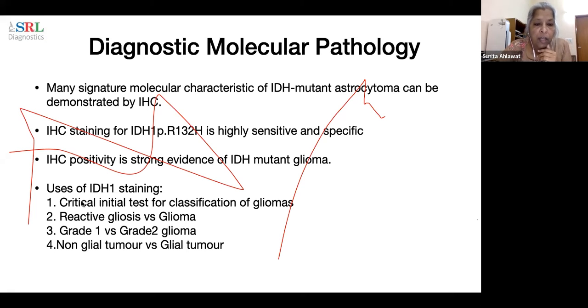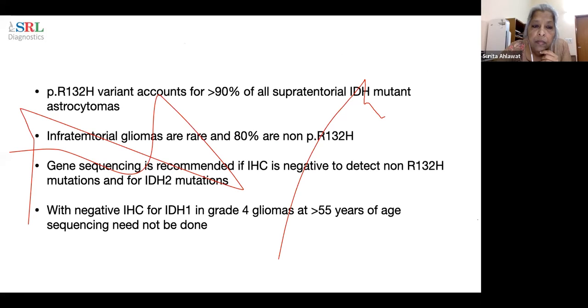So this is a very important IHC. The R132H variant accounts for about 90% of all supratentorial IDH mutant astrocytoma.